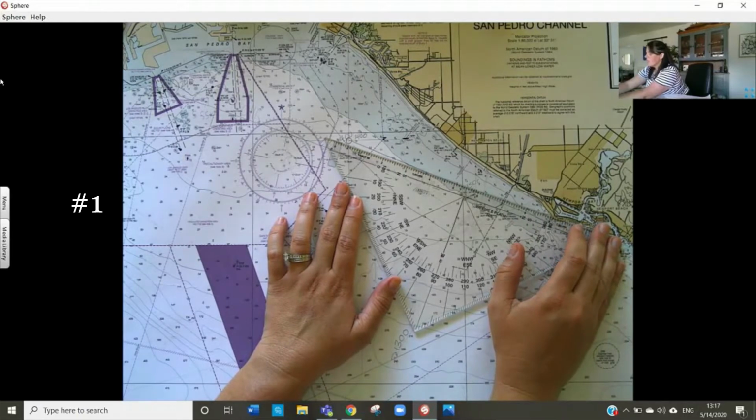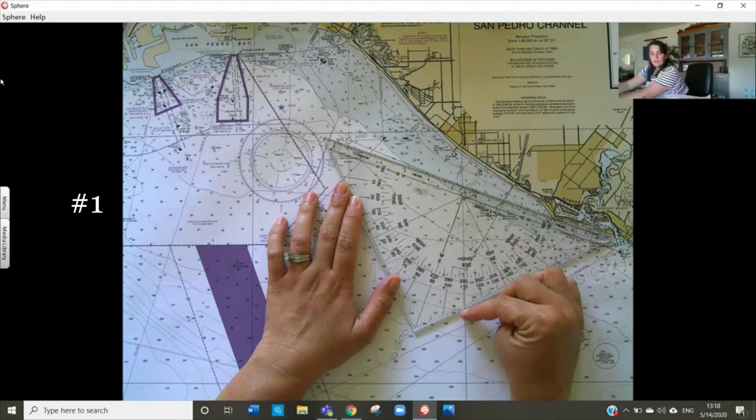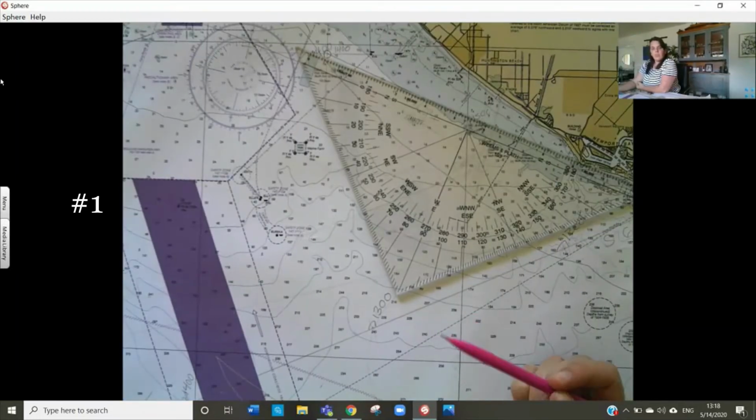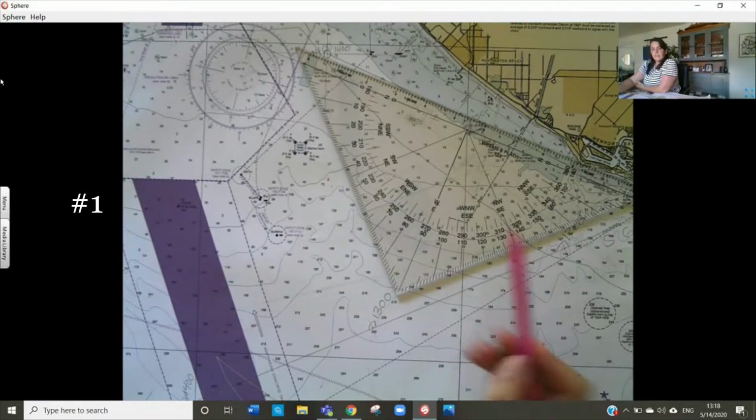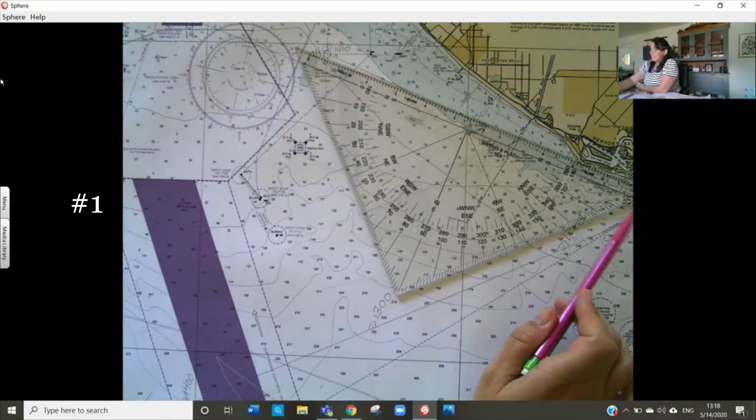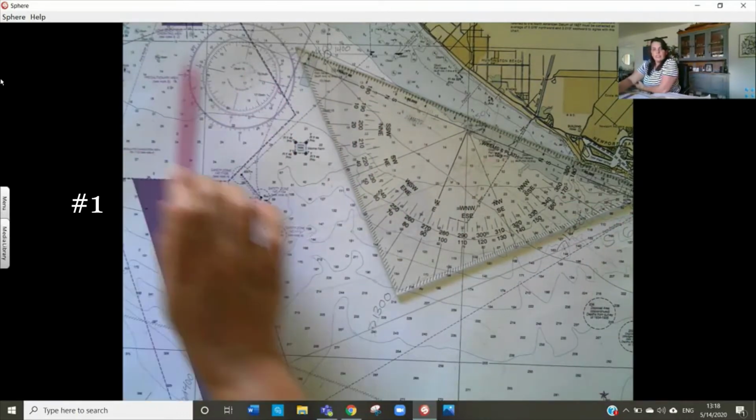And then we could read down at the bottom what our angle is. So let me zoom in on that. So using the triangle, I have this black line on the line that I drew connecting the 2 buoys.